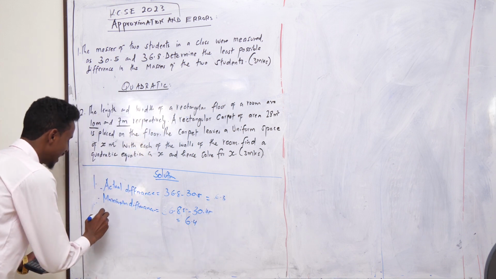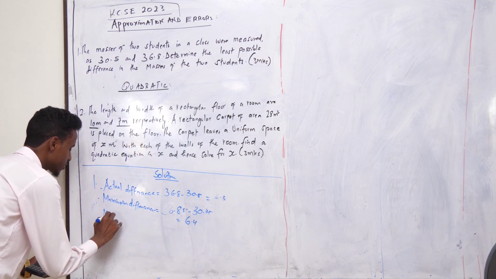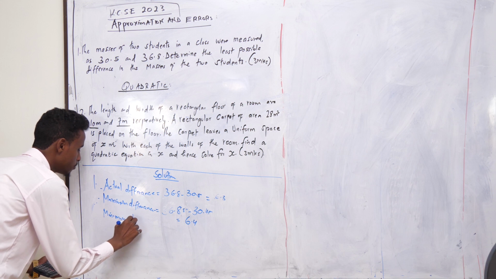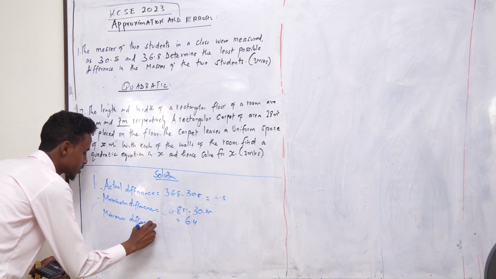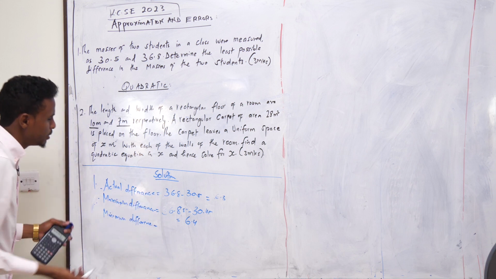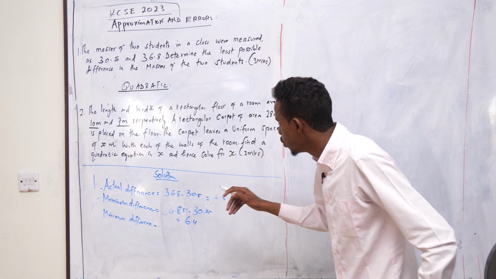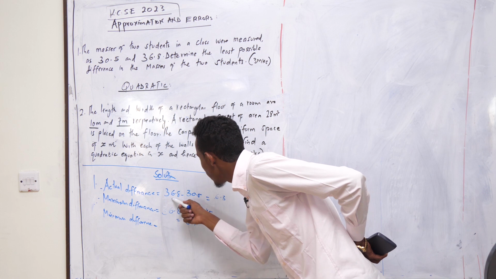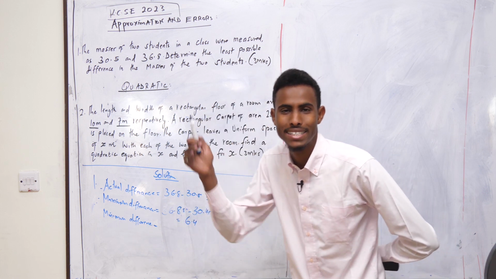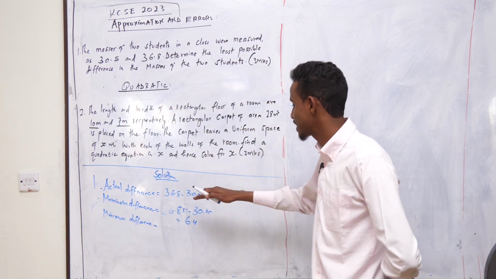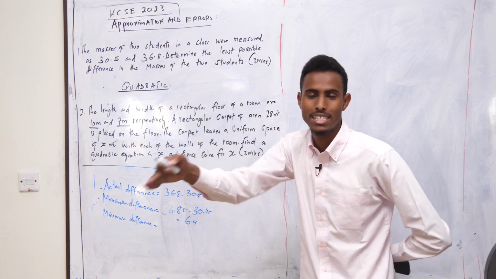Now let's look at the least, minimum difference. Class, how can you get a minimum difference? For the minimum difference, you get the minimum value of the number being subtracted from and the maximum value of the subtracting number.